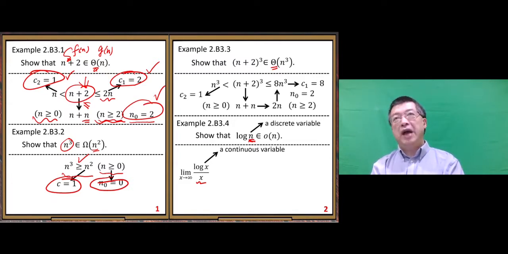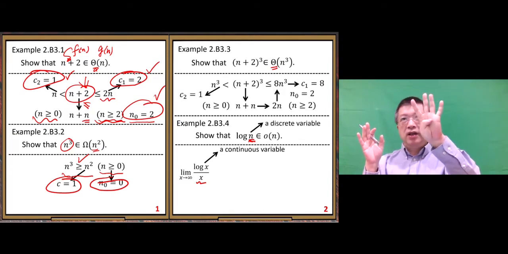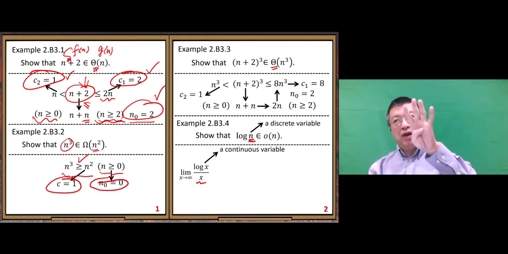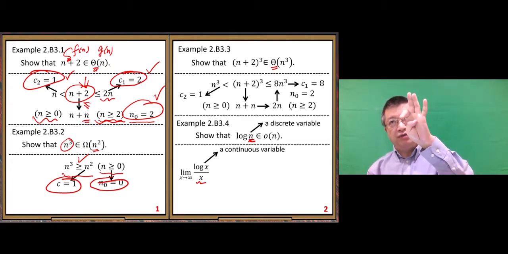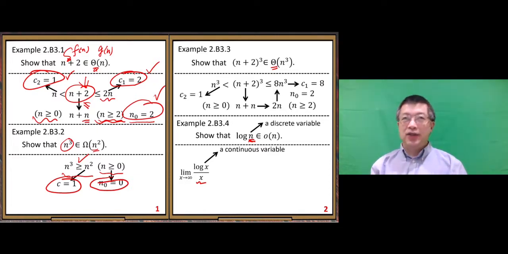In that case, I take 1 point off. The whole question is 4 points, remember? No matter if it is hard or easy, I always give 4 points. But if you do not use a continuous variable when you take the derivative, I take 1 point off. So here I tell you clearly.